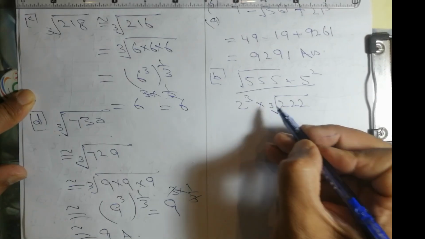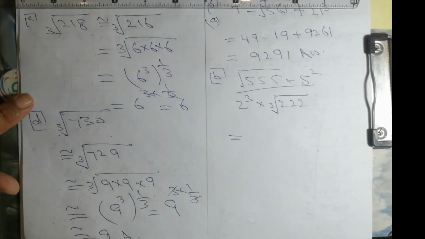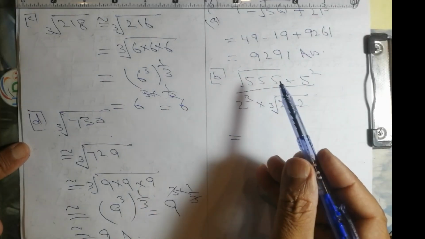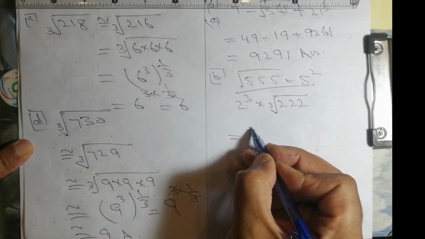This is cube root. Now take the square root of 555 with the help of calculator, that is equal to 23.558. The answer actually up to 4 decimal places.